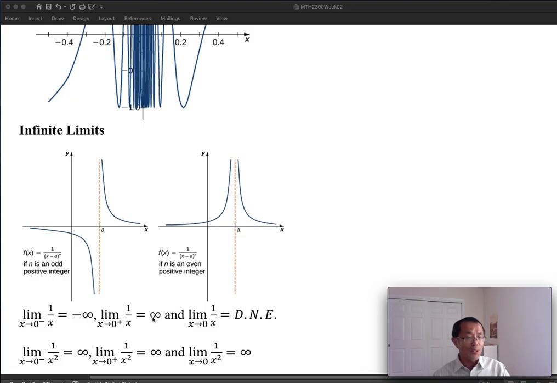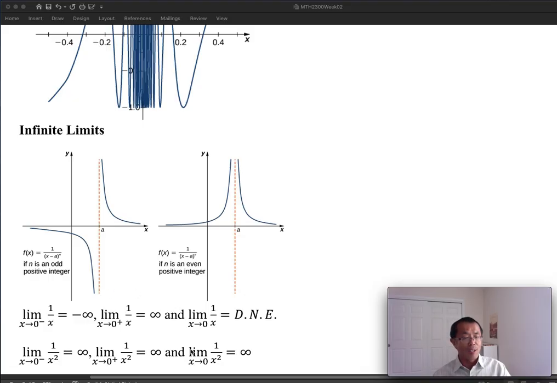But the situation here is you consider the hyperbola. As x approaches 0, let's say this is 0, if we shift the y-axis right here, from one side the graph of the function keeps going up. From the other side, the graph keeps going down. So you really don't want to say sometimes we have an infinite limit, sometimes a negative infinite limit.